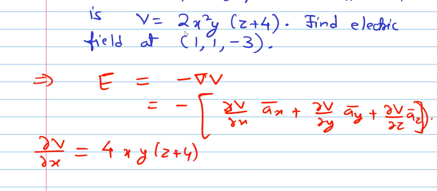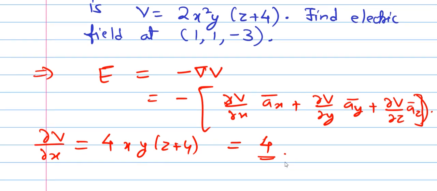Here yz plus 4 and the 2 I have taken constant, and the derivative of x² is 2x, so 2 into 2 is 4x. Now the coordinates are (1, 1, -3). Substitute x as 1, y as 1, z as -3. It becomes 4 into 1 into 1, times (-3 plus 4, that means 1), so the answer is 4. So ∂V/∂x is 4.